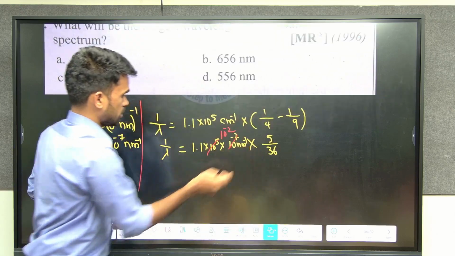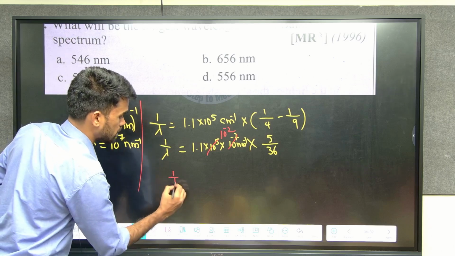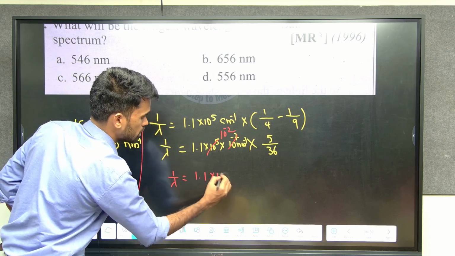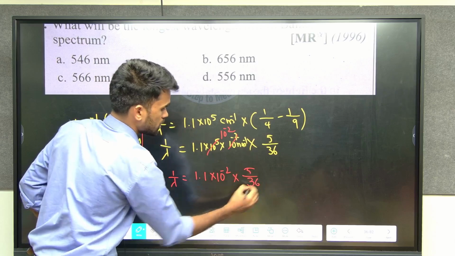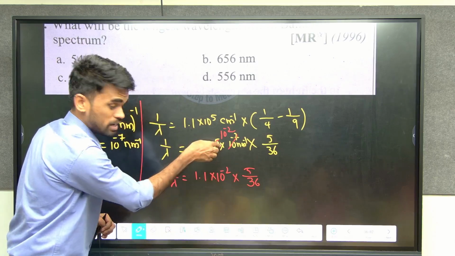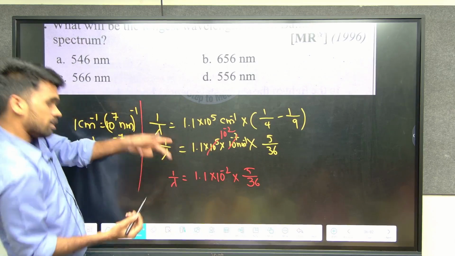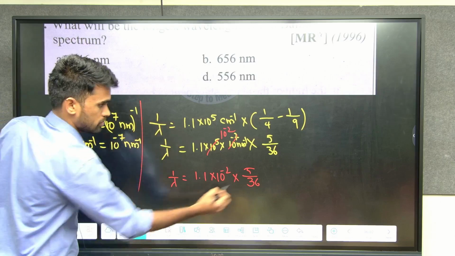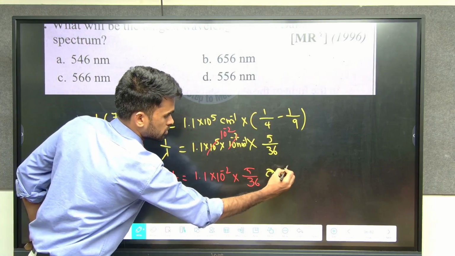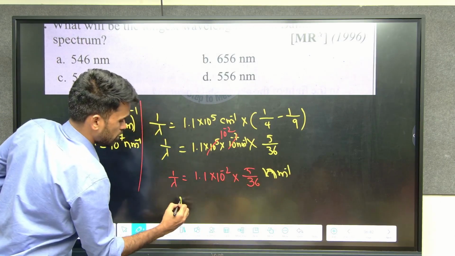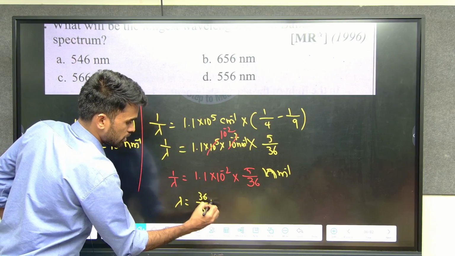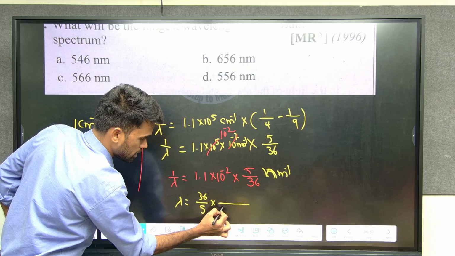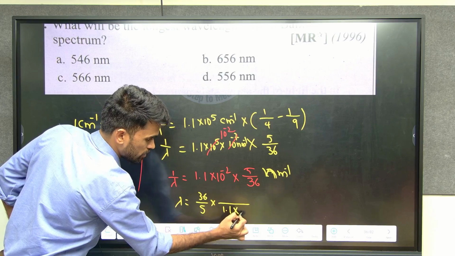Next, what is the final thing you got here? 1.1 into 10 power minus 2 into 5 by 36. See, I am just taking lambda. So lambda means 36 by 5 into 1.1 into 10 power minus 2, which comes here.